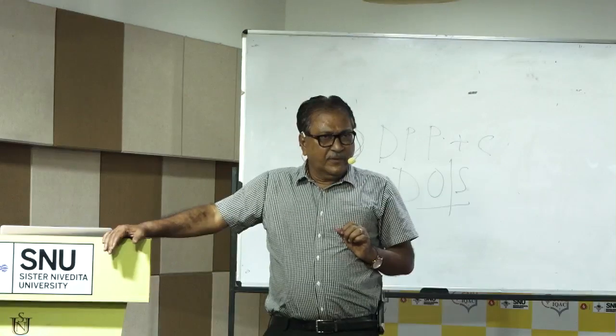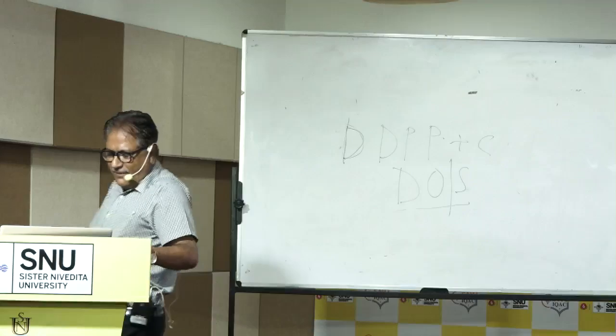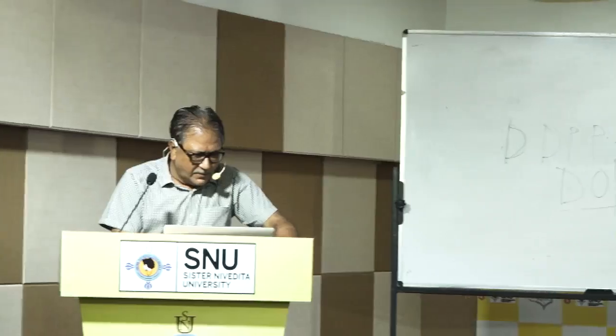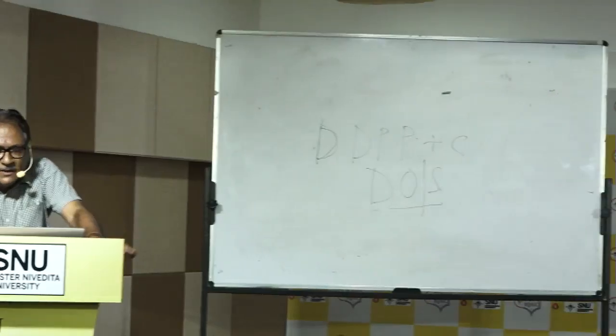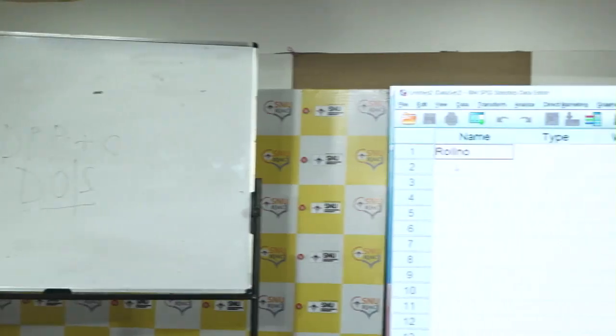So what is the variable? My first variable is roll number. Clear? Is it clear or not? Roll number is my first variable. And when roll number is the first variable, what is my second variable?